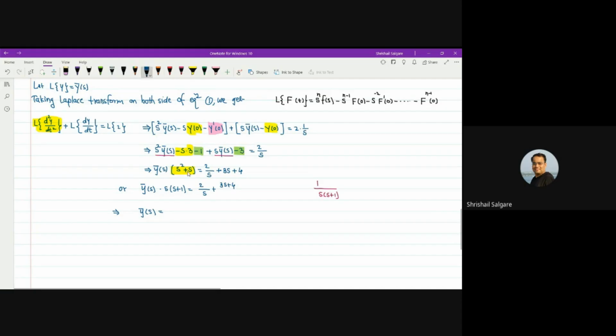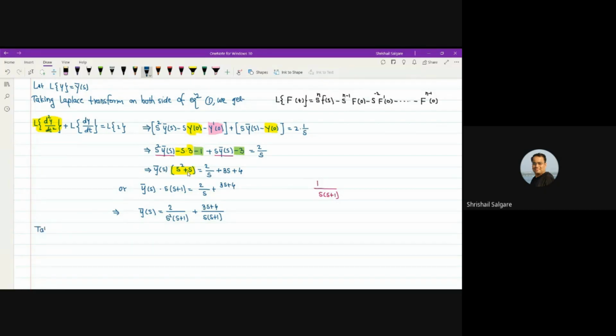Then this term gets cancelled, and here I will get 2 upon s square into s plus 1, plus 3s plus 4 upon s into s plus 1. Check whether I am correct or not. Hope my steps are correct.